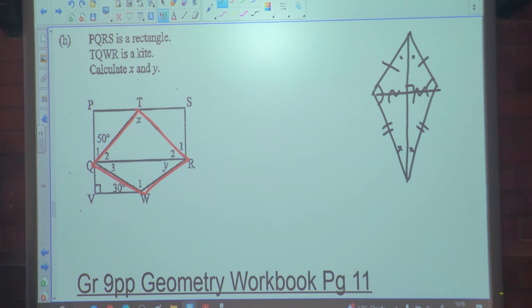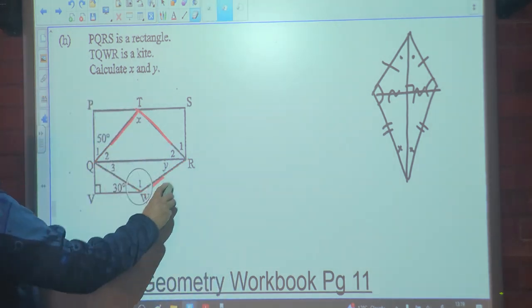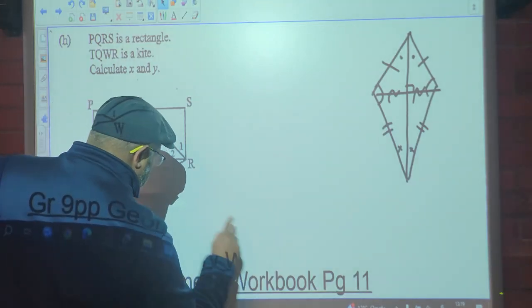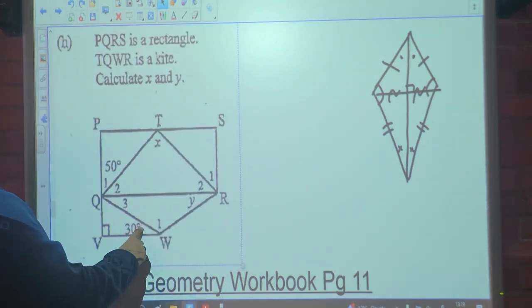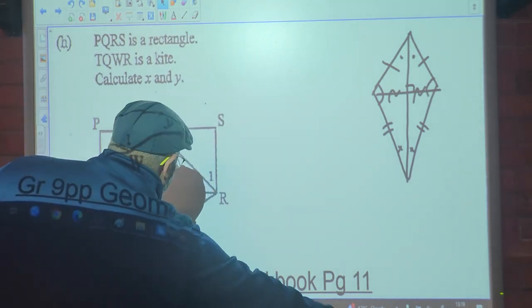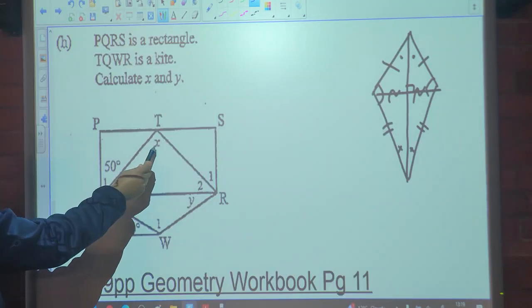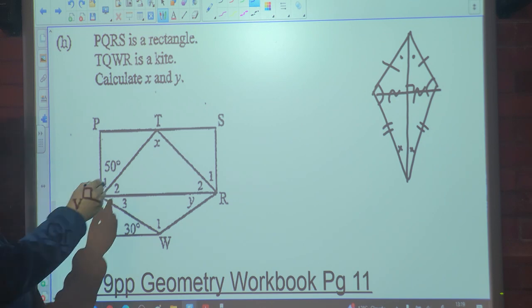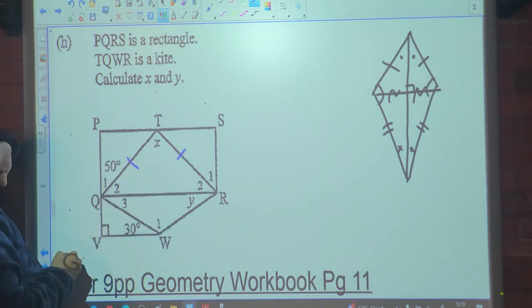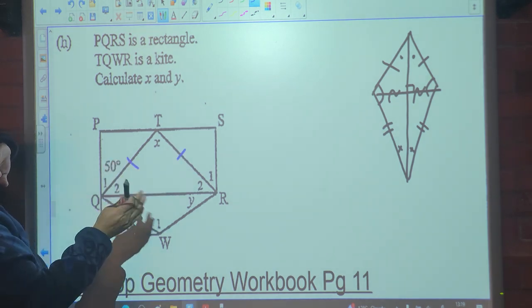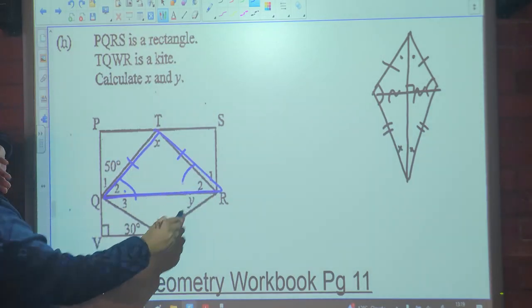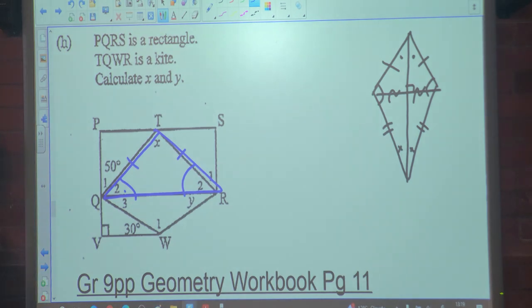Okay. So the question says, calculate x and y. Let's see which is your x. Okay, x is here. So we know that these 2 lengths are equal. So if I get Q2, I've done the job. Why? Because then I can go with sum of triangles when those 2 angles are equal.